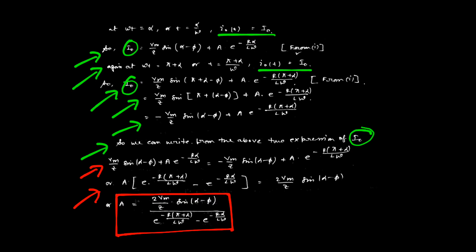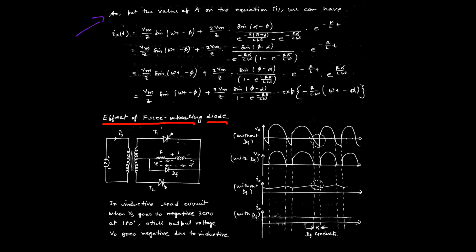Now, by putting the value of this term A, as we have discussed previously, and by satisfying equation 1, we get the actual expression: i0(t) equal to Vm by Z sin(omega t minus alpha) plus 2Vm by Z sin(alpha minus phi) divided by [e to the power minus R(pi plus alpha) by L omega minus e to the power minus R alpha by L omega] into e to the power minus R by L t.